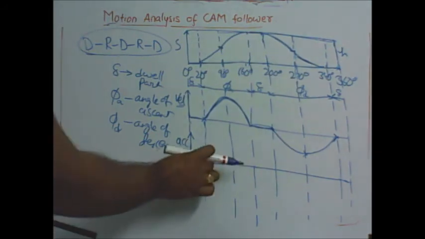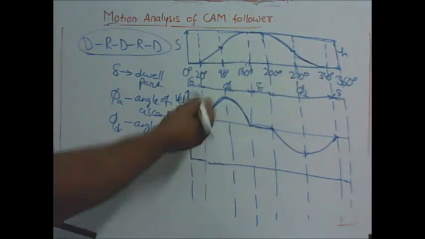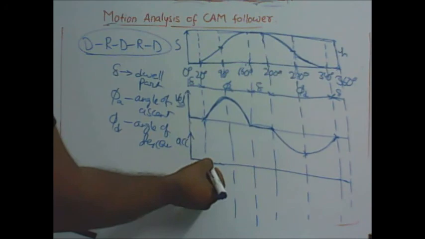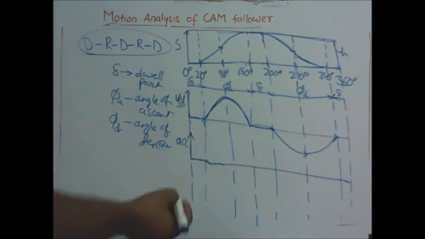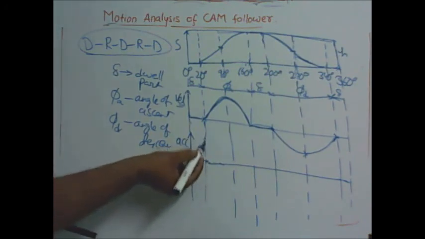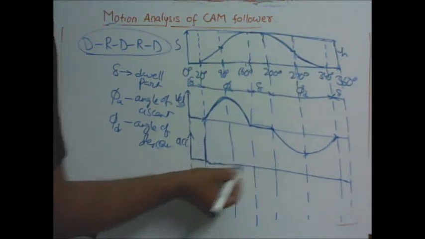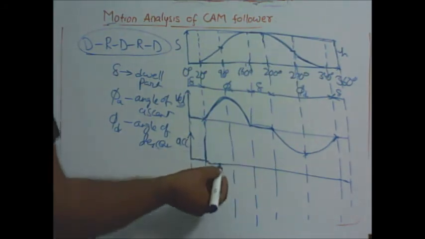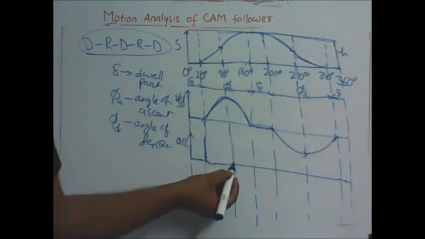Now from 0 to 20 degrees there is no displacement, so nothing will be there. Now from here the acceleration curve is a cos function, it will be maximum at starting and ending. One thing we have to observe here is that at the midpoint the acceleration will be 0.